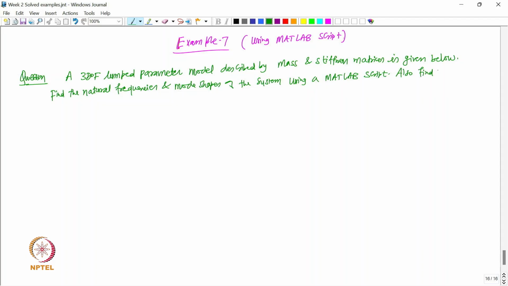Also find modal masses and modal stiffnesses.